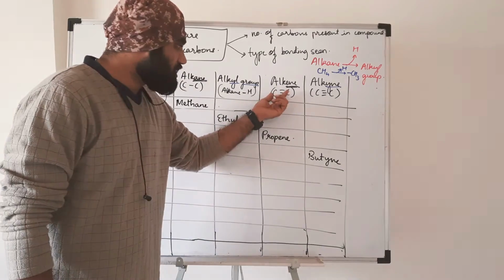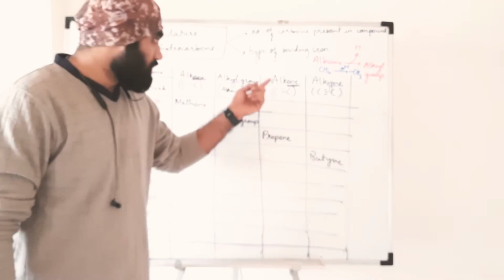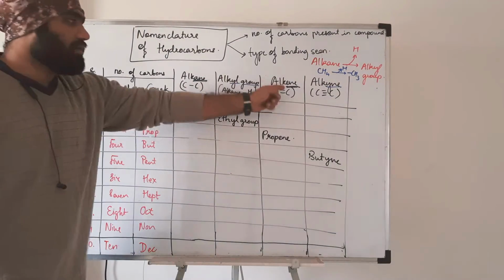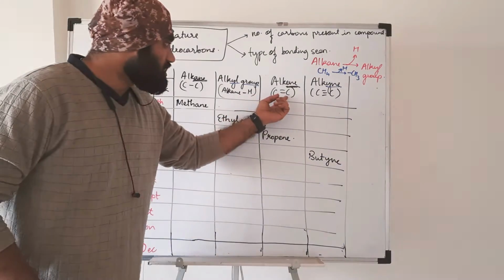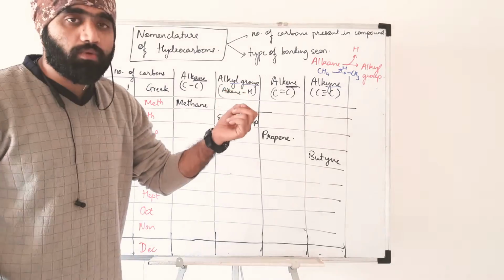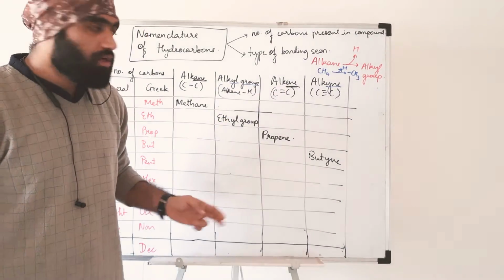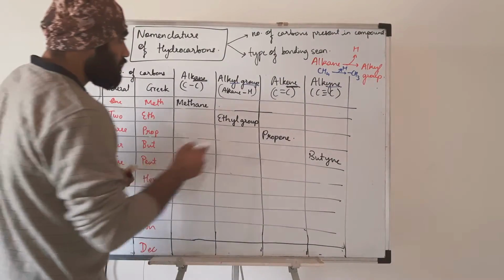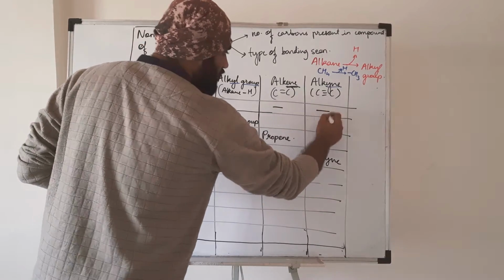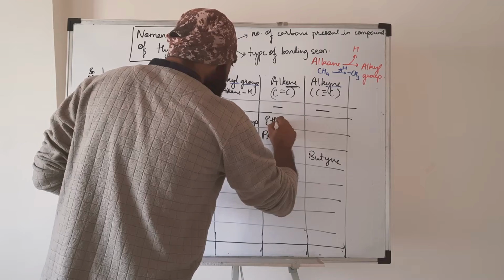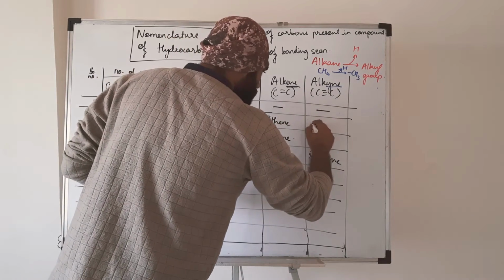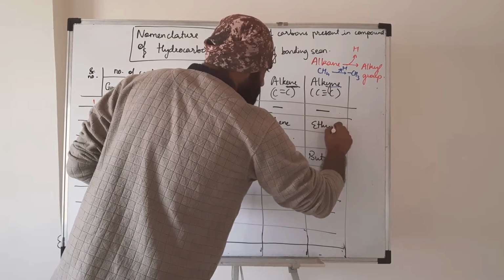So here, can you see a carbon-carbon double bond? It means, will a one-carbon alkene exist? No, it won't exist. Why? Because there is a minimum requirement of 2 carbons for their functional group. So a single-carbon alkene as well as alkyne won't exist. There will definitely be ethene as well as ethyne.